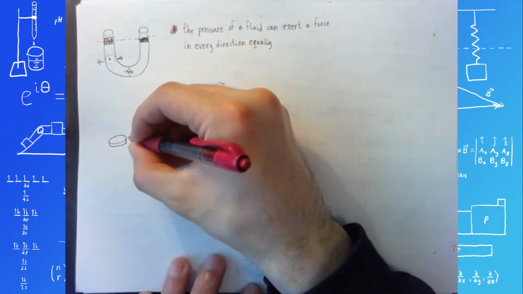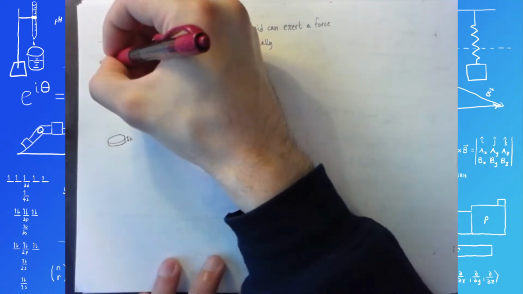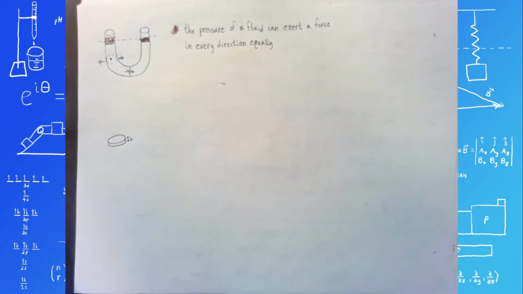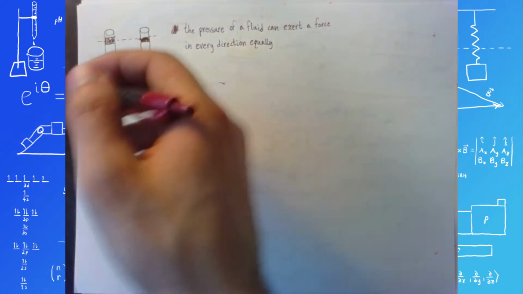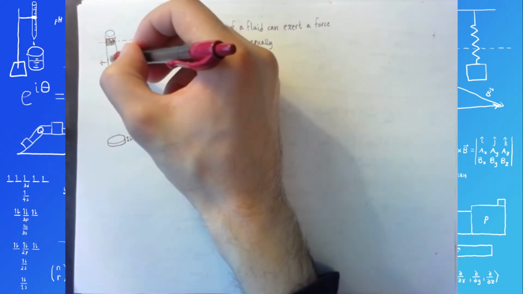It's going to have some really, really tiny height to it. So there is going to be some tiny amount of area over here that is being subjected to this pressure. And I'm saying that this pressure is going to be the same sideways as it is vertically at this point, at this depth.